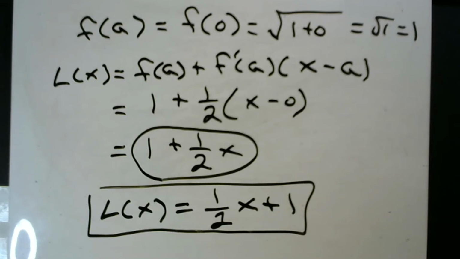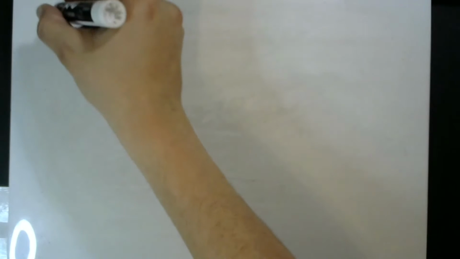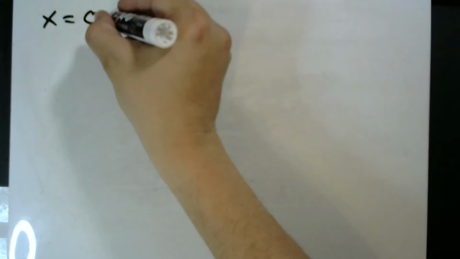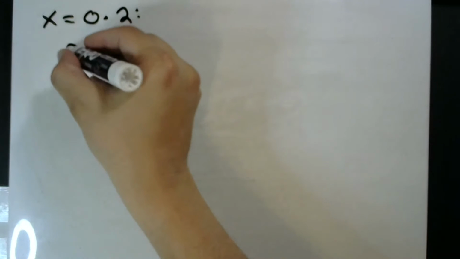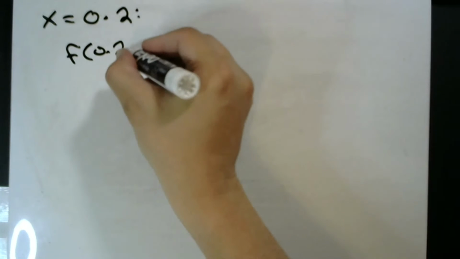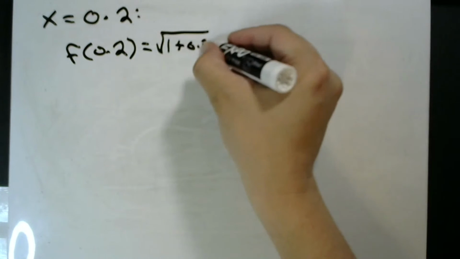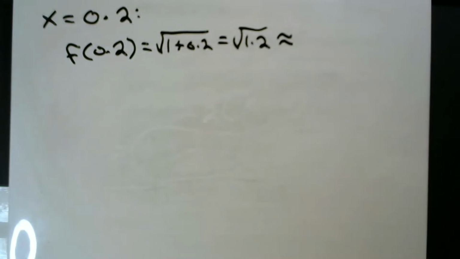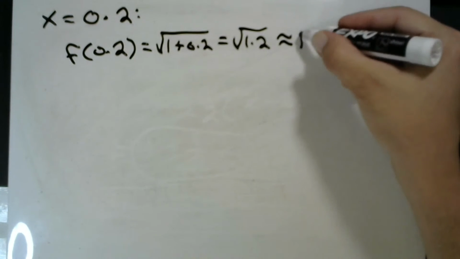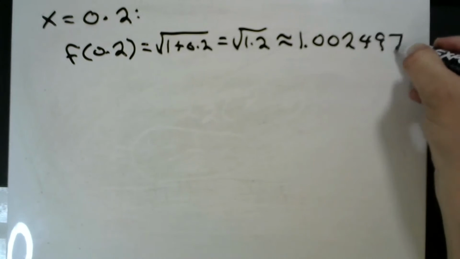So let's take a look at some approximations. Let's say x is 0.2. Well, if we do that, f of 0.2 will be the square root of 1 plus 0.2, or square root of 1.2, and that's approximately, I have to round it off, 1.002497.